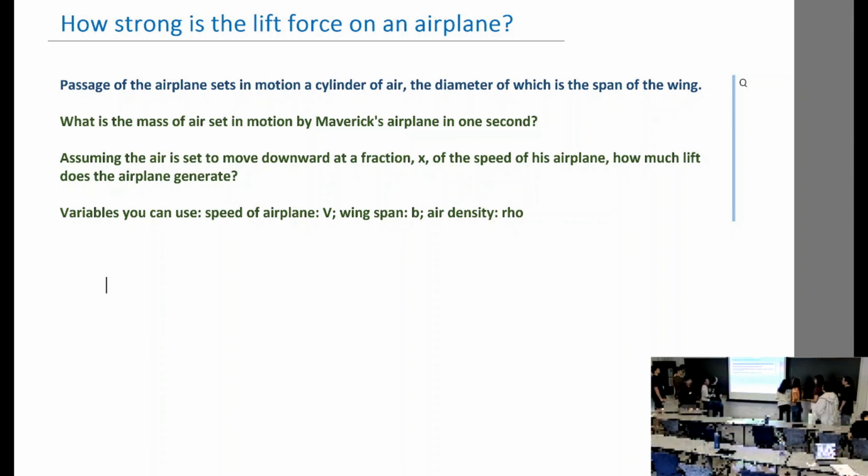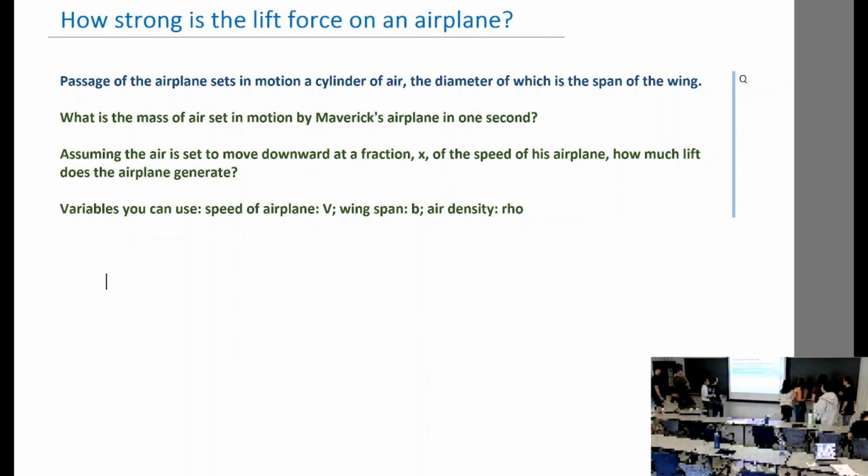Any questions regarding these answers? Let me just write it down. So the first answer is going to be rho, the mass of air per second, let's say m dot, is going to be rho times pi b squared over 4, right? You all got this, right? And the lift force is simply m dot times x v, right?